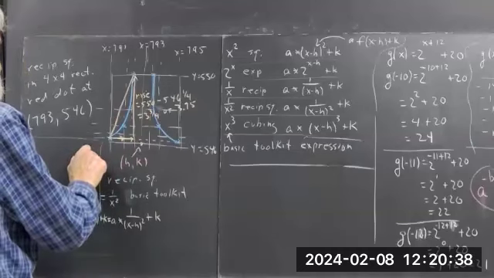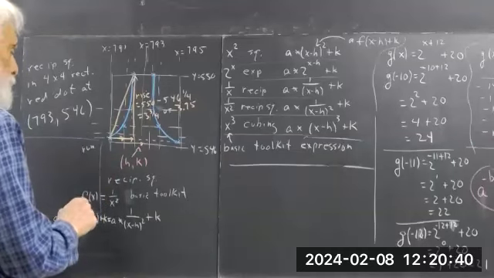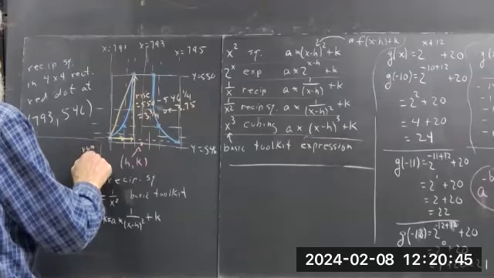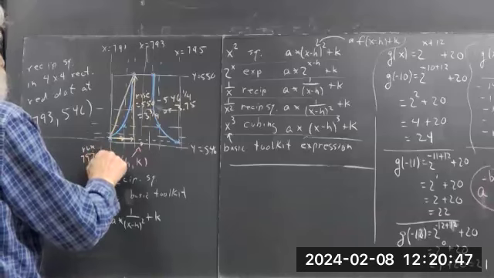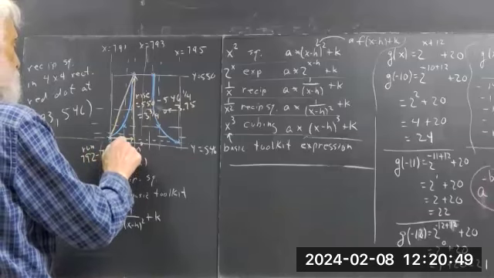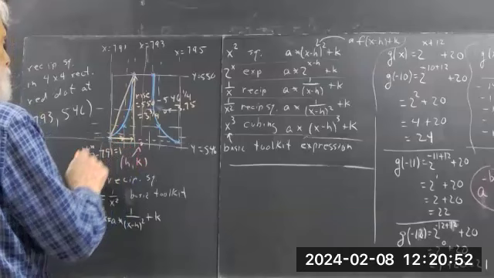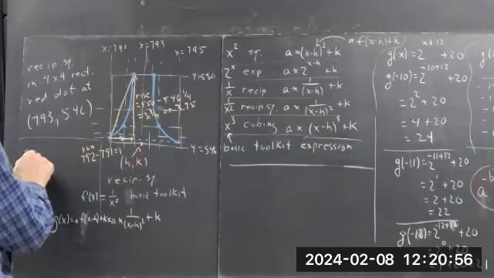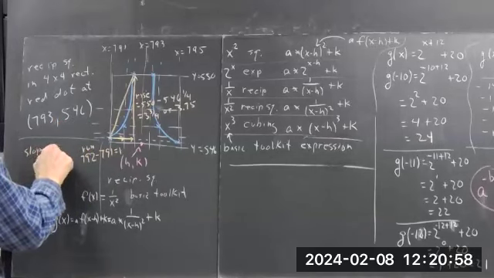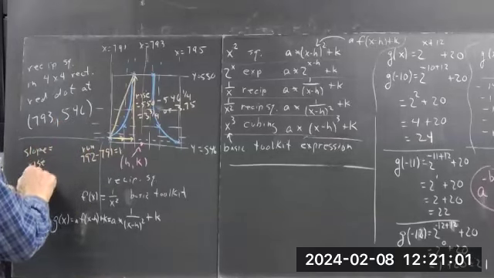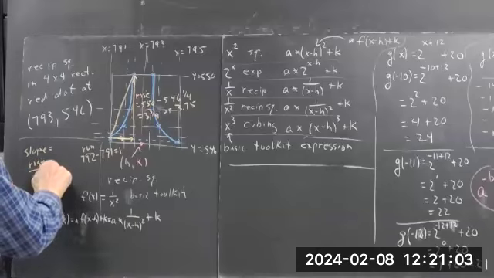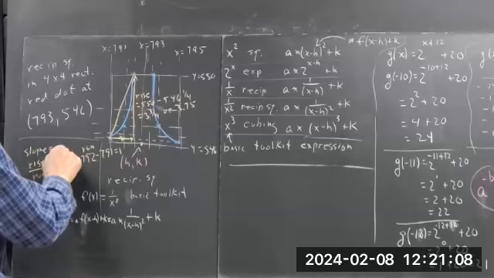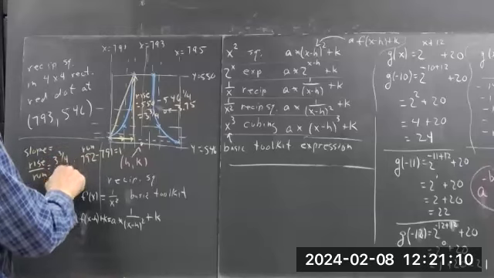And the run is 792 minus 791, which is 1. And then the slope is rise over run, equals 3 3/4 divided by 1.